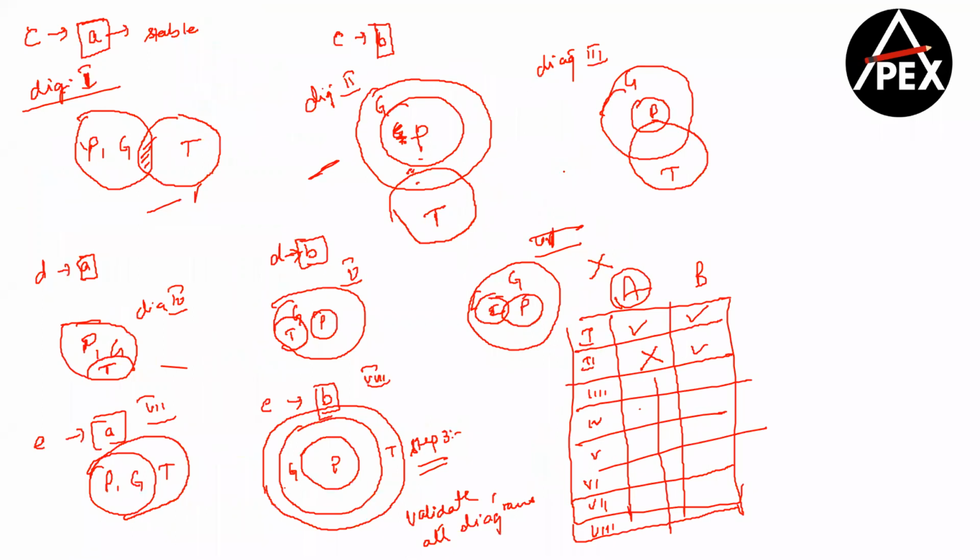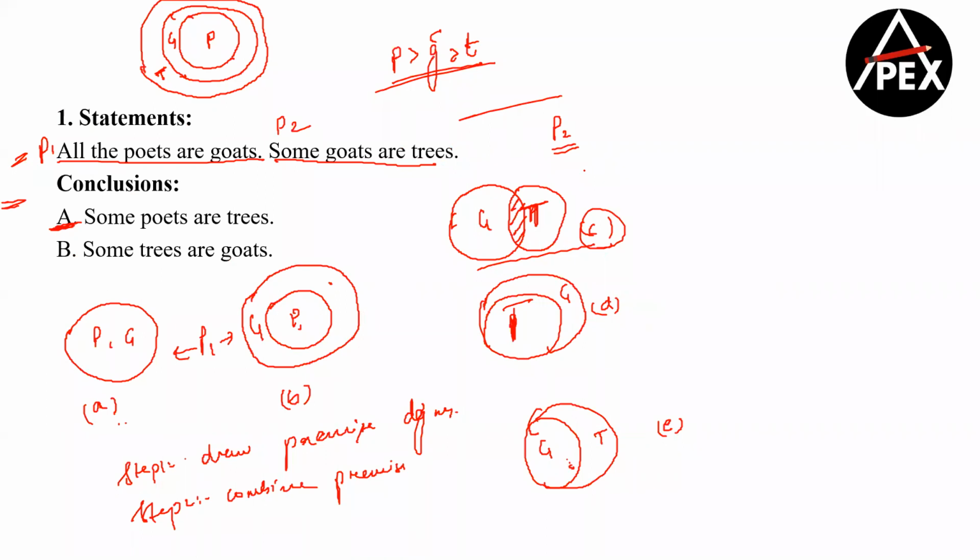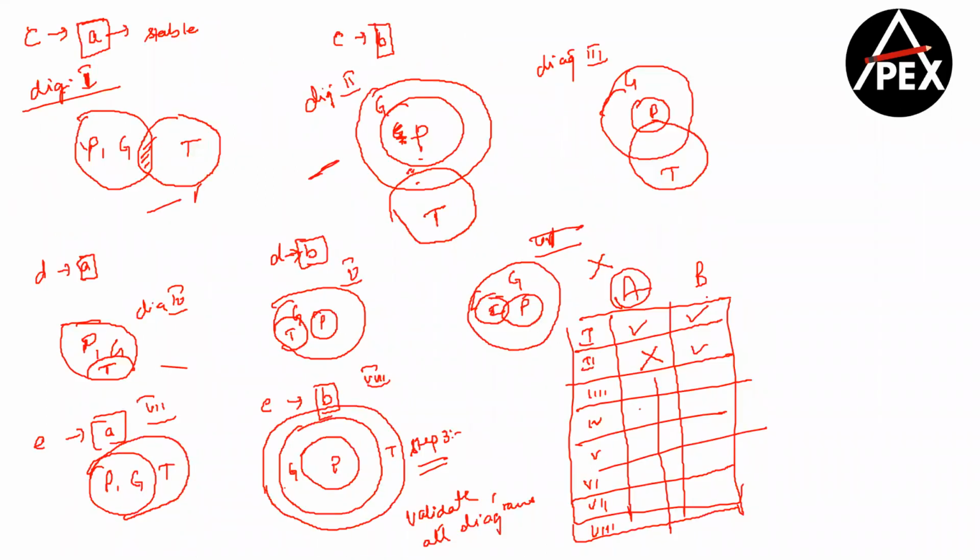Okay. So let's go check the conclusion B again. Some trees are goats. Are some trees goats here? Yes. What about diagram 4? Yes. Diagram 5? Yes. 6? Yes. 7? Yes. 8 also? Yes.